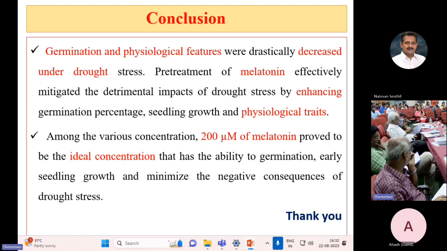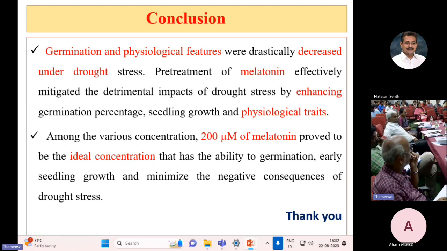This experiment is in the laboratory, right? Yes, it is a laboratory experiment. You are addressing drought, but you are working in the seedling stage. Yes, germination and seedling stage. How is your study going to mitigate drought at the later, reproductive stage? So this experiment was conducted to screen out the melatonin concentrations, because I used different melatonin concentrations from 50 micromolar to 250 micromolar on rice, to decide which concentration should be fixed for the reproductive stage.